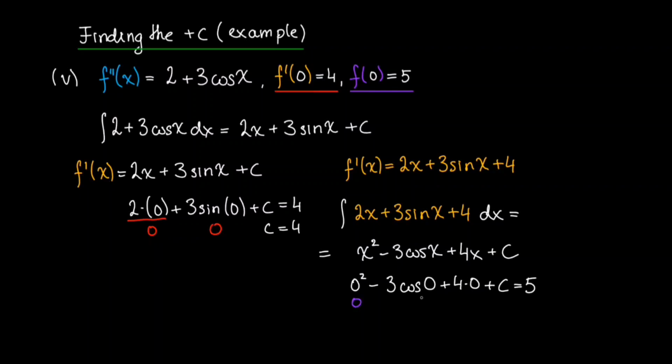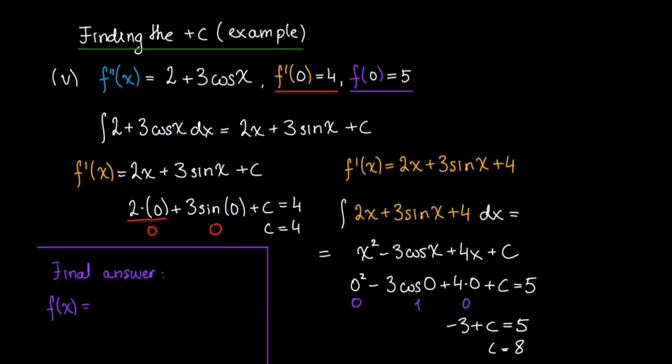Here, 0 squared is 0, cosine of 0 is 1, and 4 times 0 is just 0, and plus c at the end equals 5. So we get negative 3 times 1, so negative 3 plus c is equal to 5. And what that tells us is that c is equal to 8.